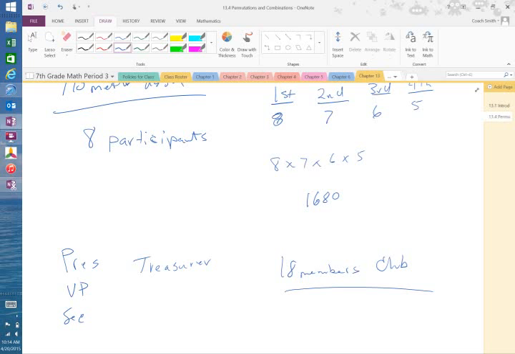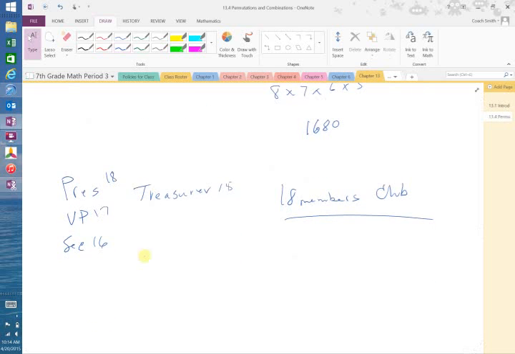So, when we're choosing the president, how many people are there to choose from? 18. When we choose the VP, how many is going to be there? 17. We choose the secretary, how many are going to be there? 16. And treasurer would be 15. So you'd have 18 times 17 times 16 times 15. Okay? Now, somebody multiply that out.